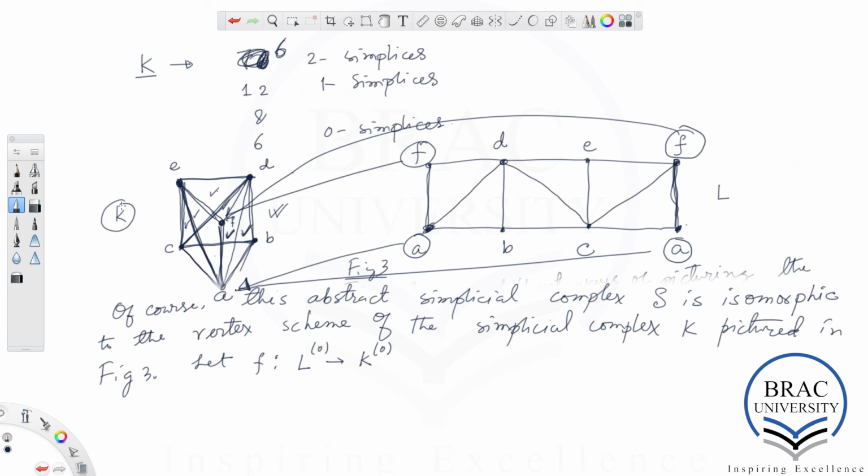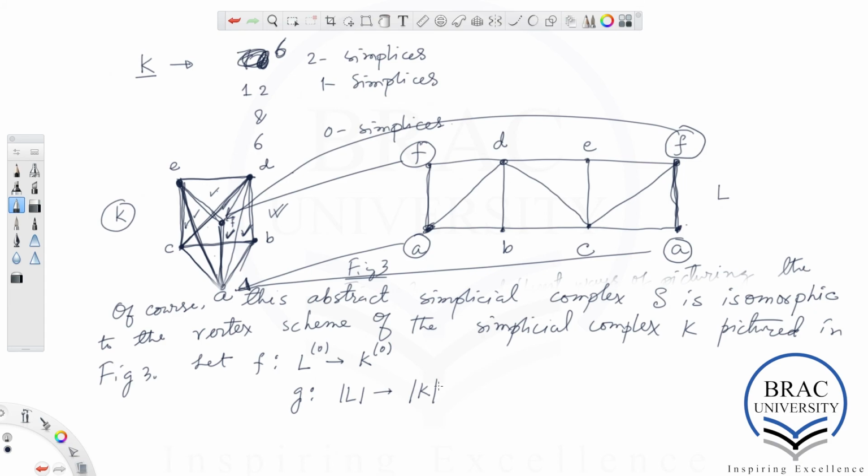It is immediate that this F is surjective, right? It is a many to one map. It is not one to one, but it's surjective. And then F extends to a simplicial map G from mod L to mod K. This is a simplicial map.